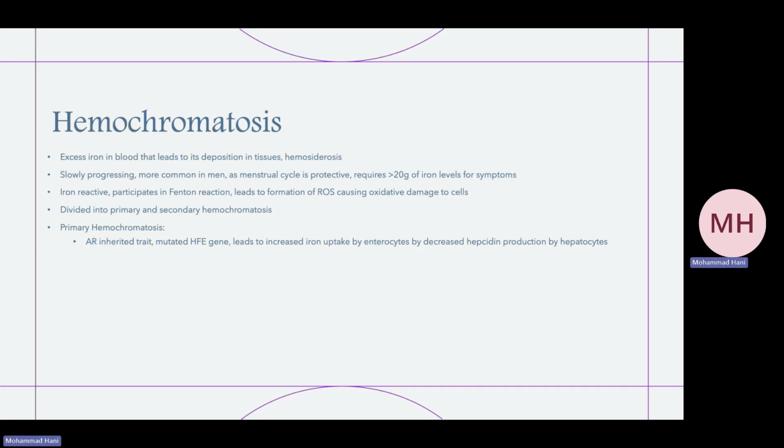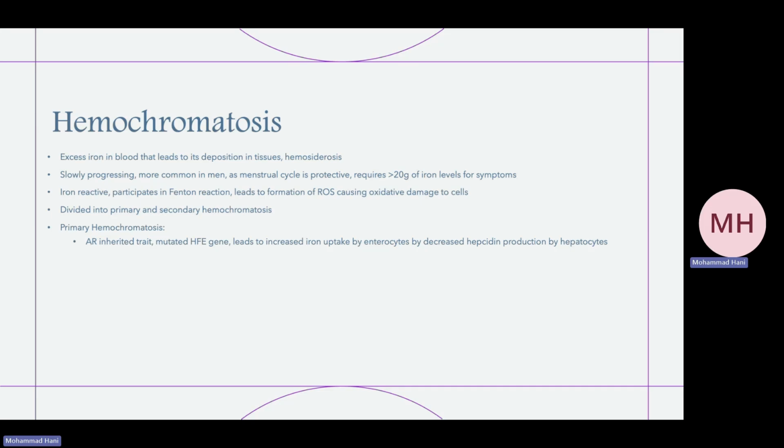When there's a mutation, there is no possible communication or interaction between the HFE protein and the transferrin. Hence, the hepatocytes are not able to regulate and sense the level of iron.